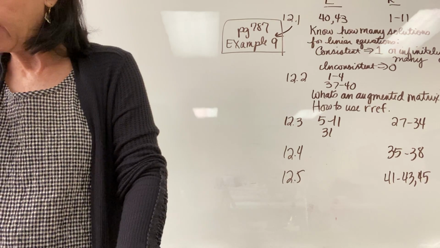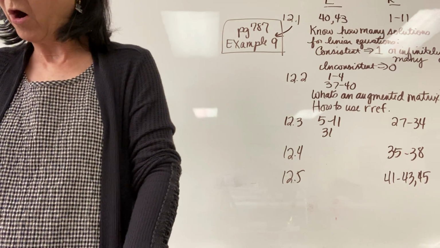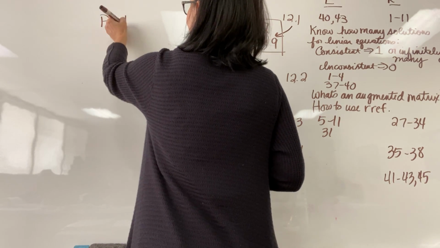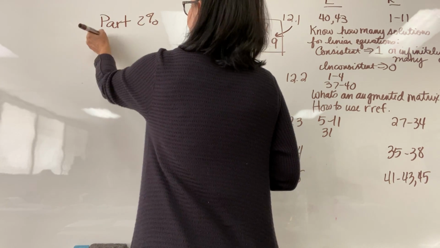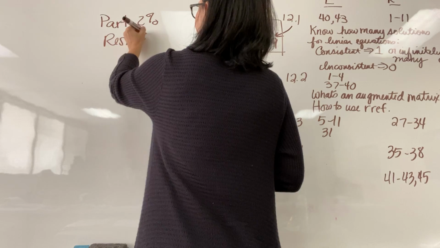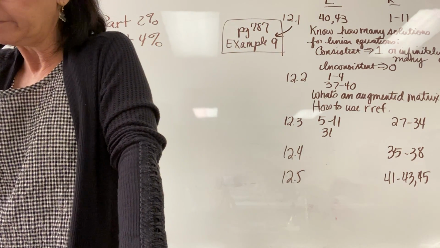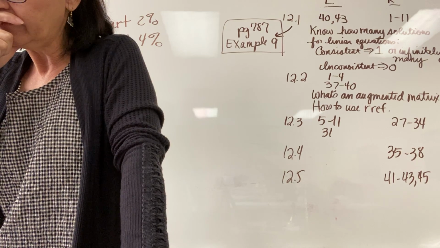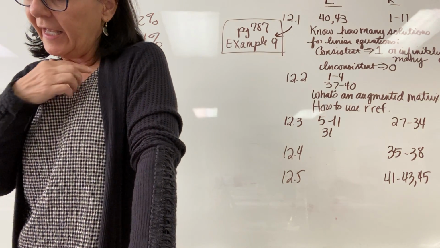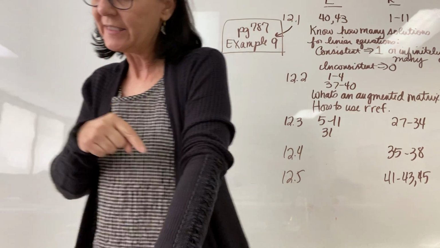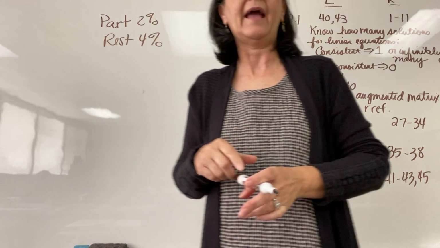And the rest, okay, part is 2%, rest is 4%. You just have to decide what you're going to use. If she has $4,000 less in the higher paying account.